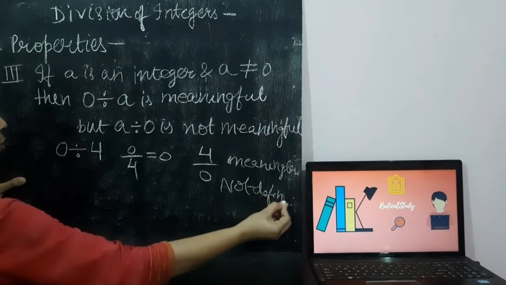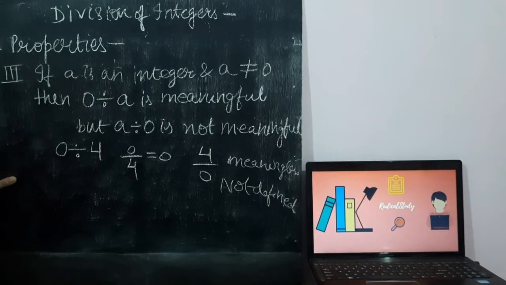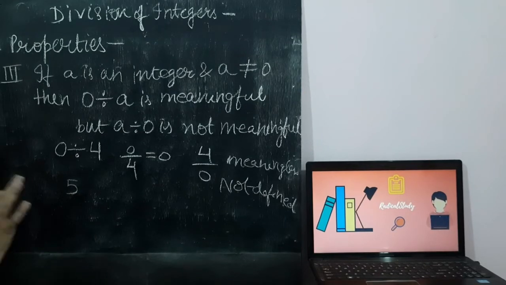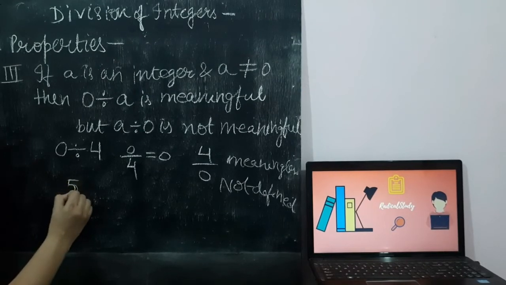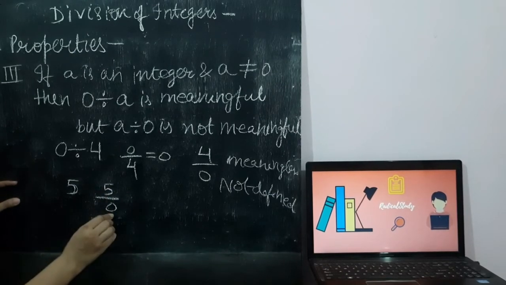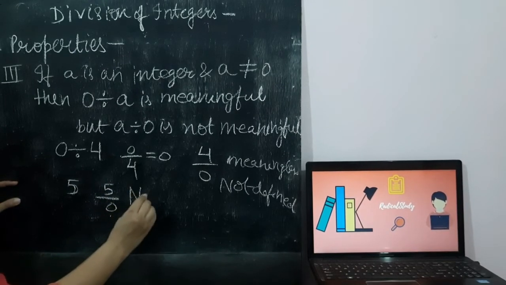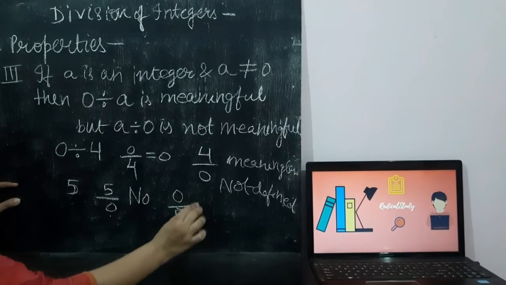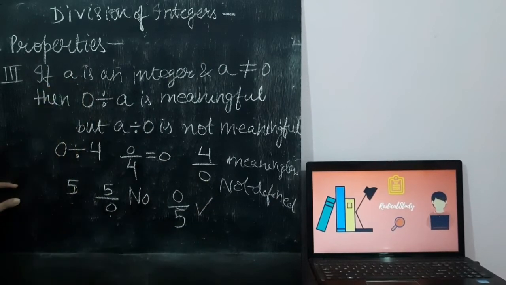So if I ask you a question, if there is an integer 5 and you have to divide it by 0, will it be meaningful? When you divide 5 by 0, will it be meaningful? The answer is no. But when 0 is divided by 5, it will be meaningful. So this is the third property.